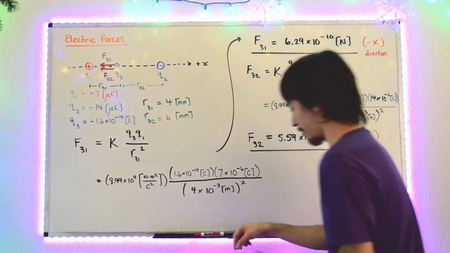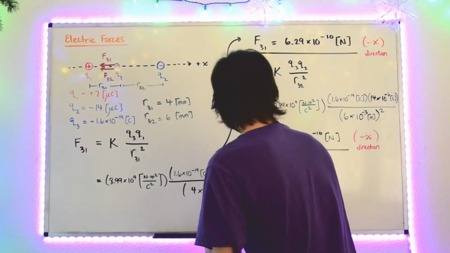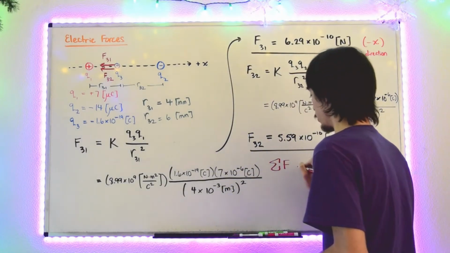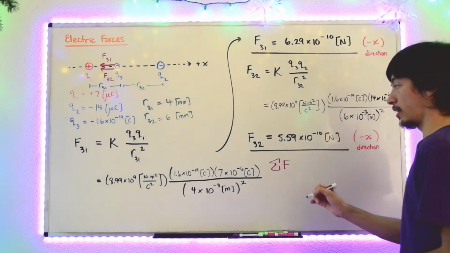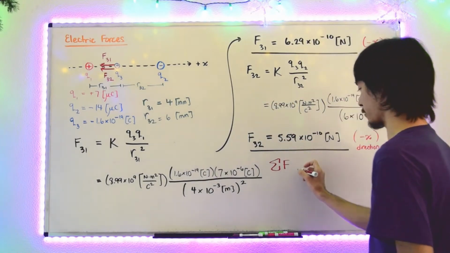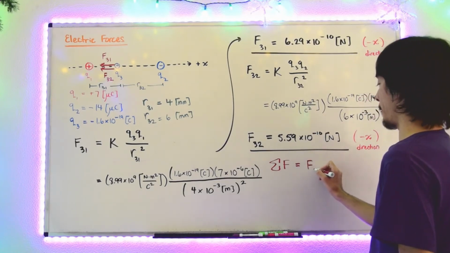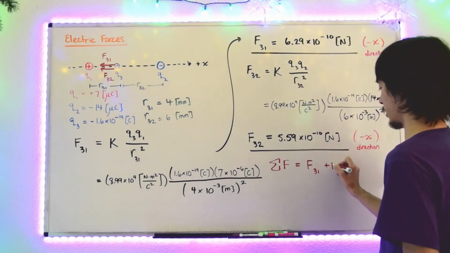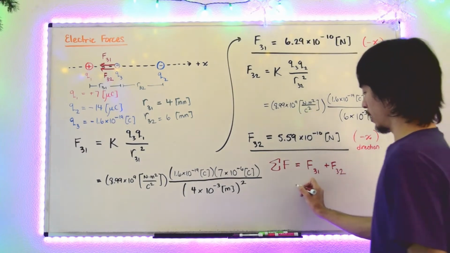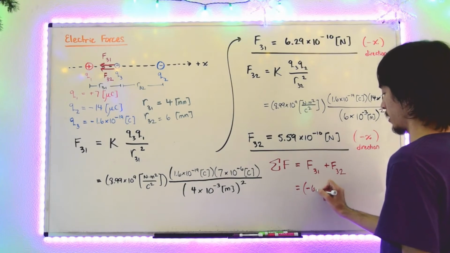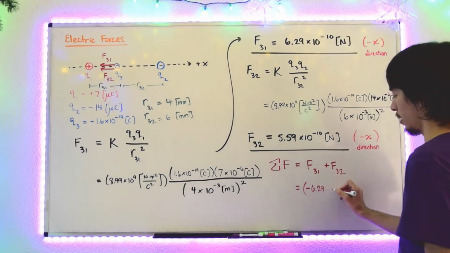So we should have that the net force, let's write it this way, the sum of all forces acting on the electron, which is what we want to calculate, is just equal to F31 plus F32, which is going to be negative that value, 6.29.